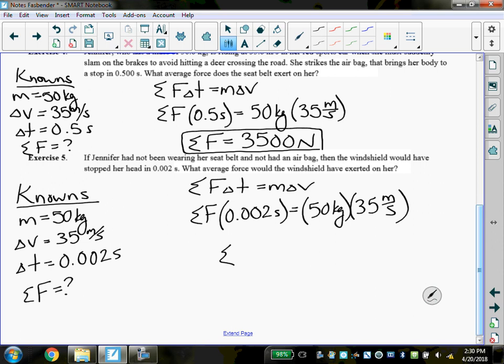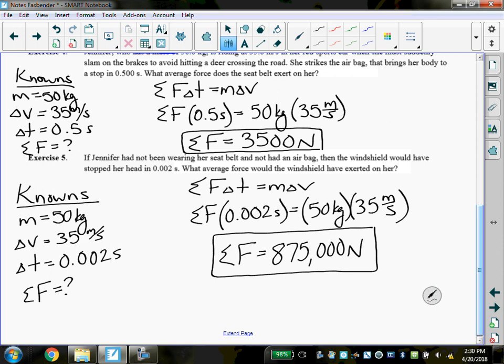And when we calculate this, we now find that it requires 875,000 newtons in order to stop Jennifer. And I gotta tell you, this is completely deadly. Jennifer will not survive that car crash.